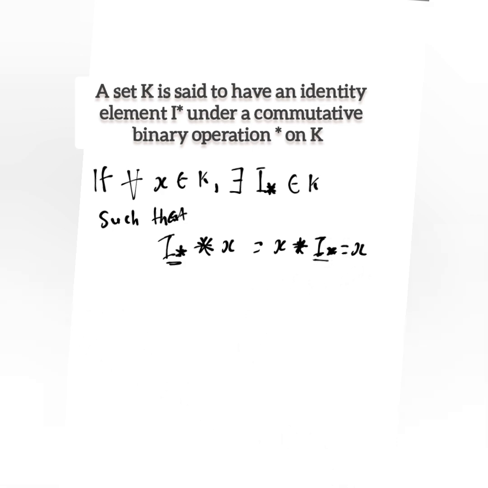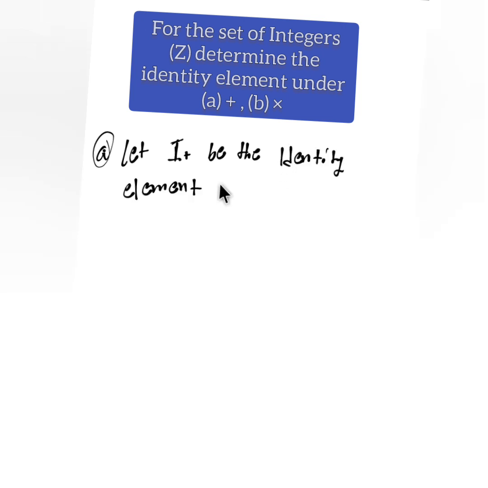So now let's take an example. For the set of integers Z, determine the identity element under A, addition, and B, multiplication. So solution, let's solve A. We are going to find the identity element under addition. Now, let I plus be the identity element under addition.